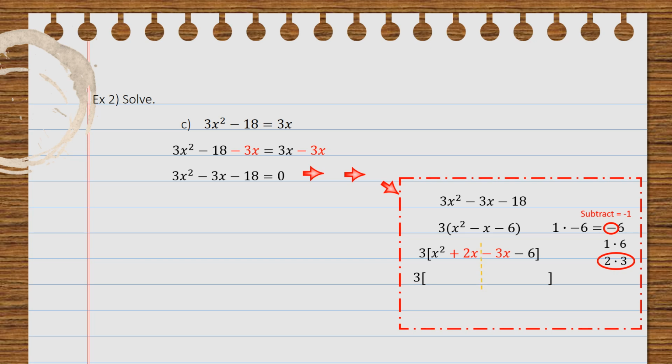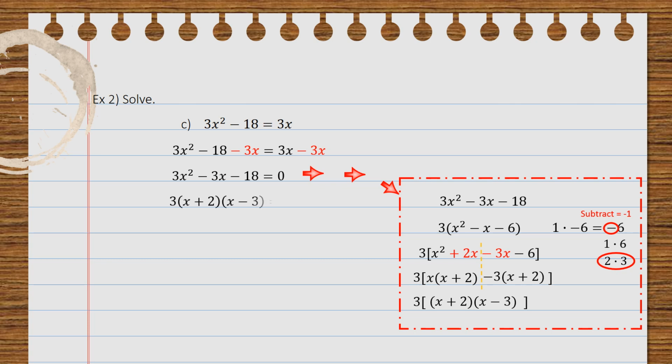Notice both terms in the front have an x in common, which would leave you with x plus 2. The last 2 terms have a -3 in common, so if you factor that out, that leaves you with an x plus 2. Now again, we still have that 3 on the outside, but on the inside, what do you notice is common? The x plus 2, which would leave you with x minus 3.